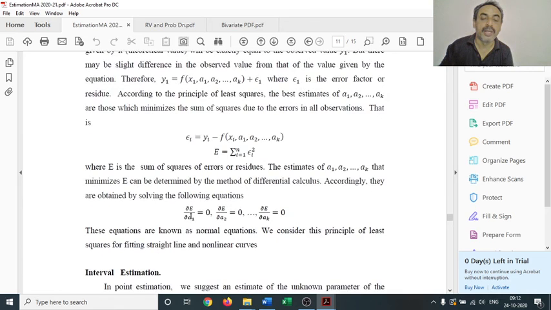That is given by the partial derivatives with respect to a1 equal to 0, with respect to a2 equal to 0, with respect to ak equal to 0, etc. These equations are known as normal equations. Here the procedure is exactly similar to the fitting of a straight line that we discussed earlier. Here we make use of that principle for estimating parameters. That's how it becomes a method of estimation of parameters.